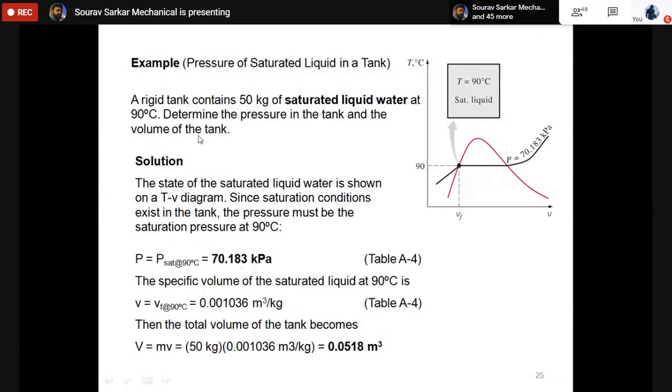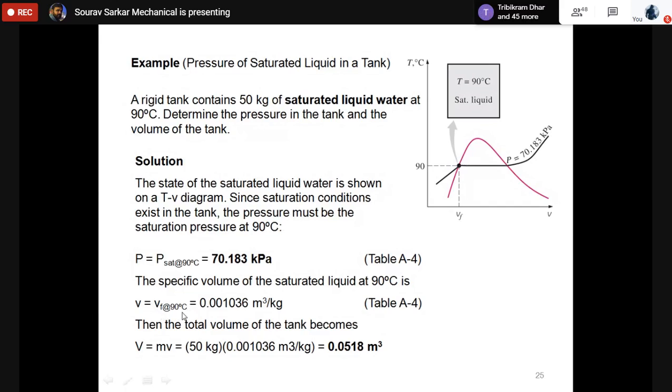Now the question is what is the volume of the tank? So calculate the volume of the tank. You know the mass, so if we multiply it with the specific volume, I will find out the final volume. To calculate the specific volume, I have to find that v, the specific volume, equals vf at 90 degrees Celsius.